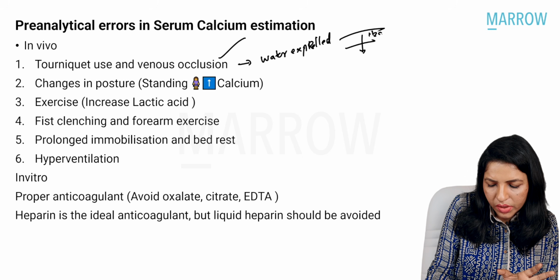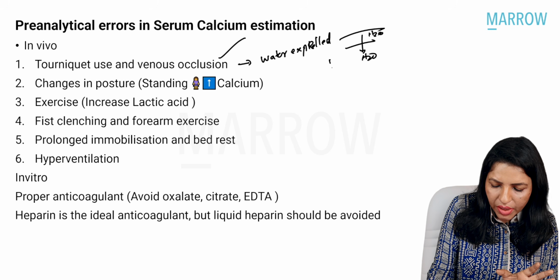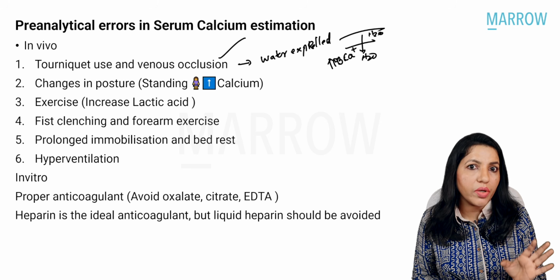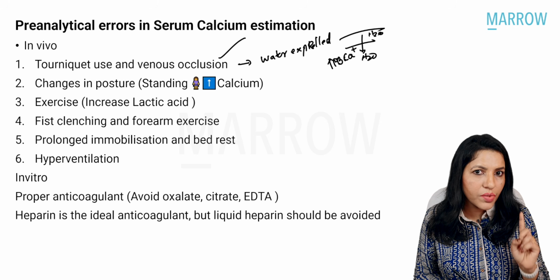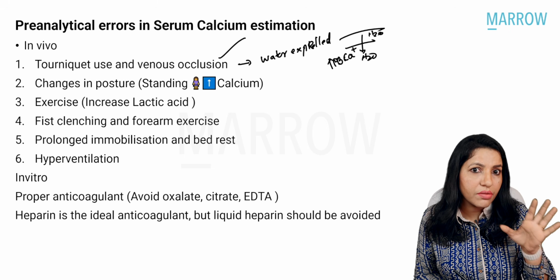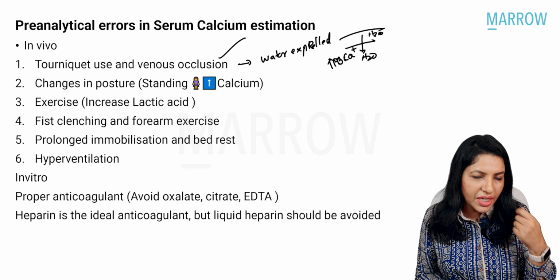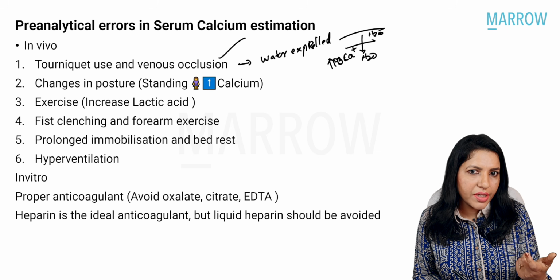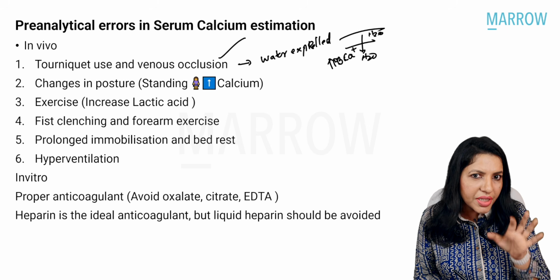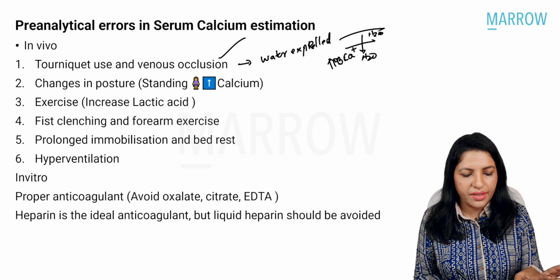So water goes out, and this will increase the protein bound calcium. So we should always prevent tourniquet use or venous occlusion. If at all we are forced to use a tourniquet, we have to tie it just before taking the sample and immediately release. The maximum time is 60 seconds, right?